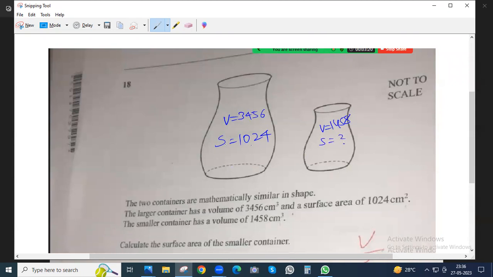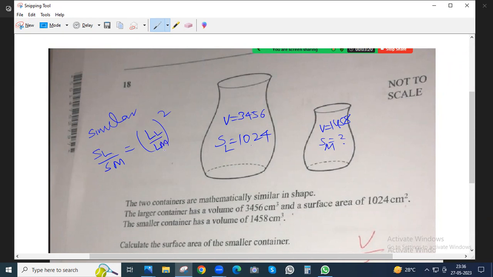So these are similar figures. What happens in similar figures is that the surface area, if I call this SL, large and small, the surface area of the large over the surface area of the small is equal to the square of the ratios of the lengths of the large over the lengths of the small.